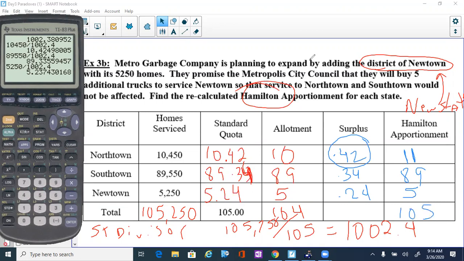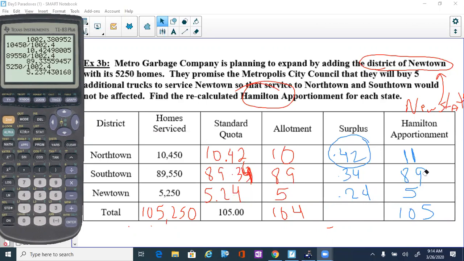And as you can see, we've got a really big issue here. Originally, Southtown was supposed to have 90 trucks, and Newtown gets the 5 they were supposed to get. They previously had 90, and look at what happens.